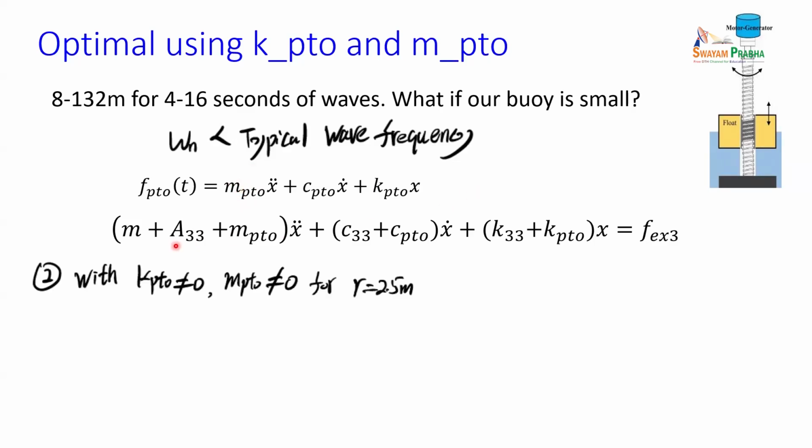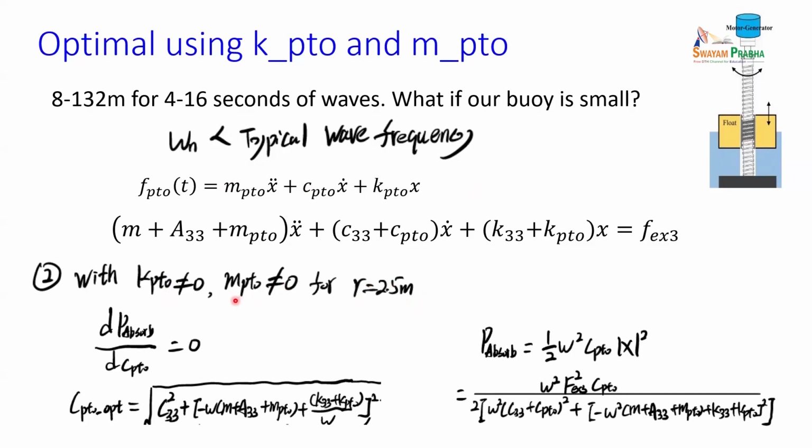And now if this is not 0, suppose we have a small buoy, 5 meters diameter. Okay, so now you still have this expression, right? Just now we say when we do the suboptimal, we assume Z2 will be 0. Now Z2 is not 0. You can calculate the CPTO, the expression in that way, right?